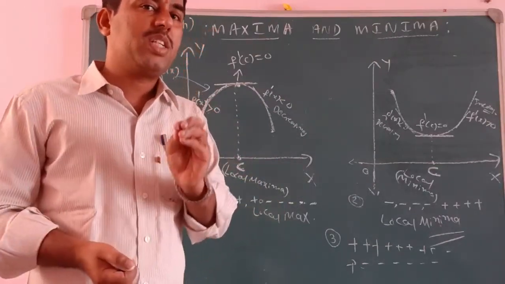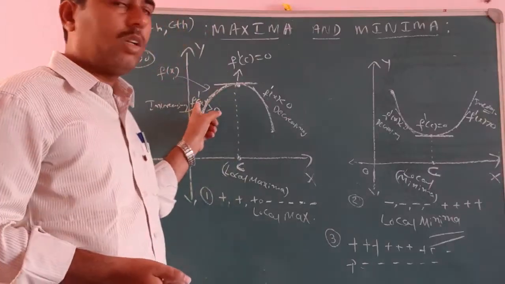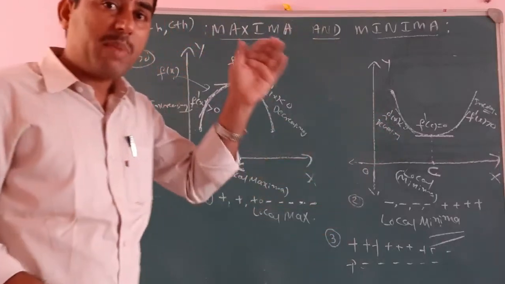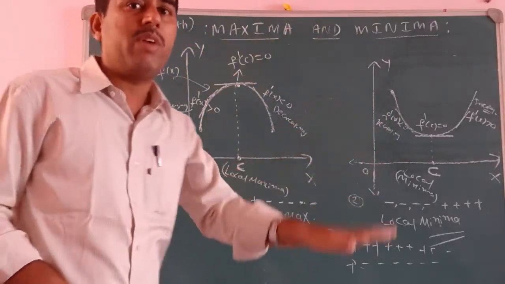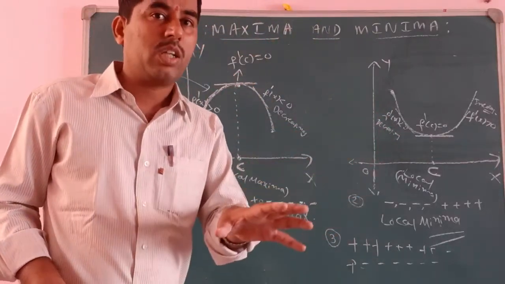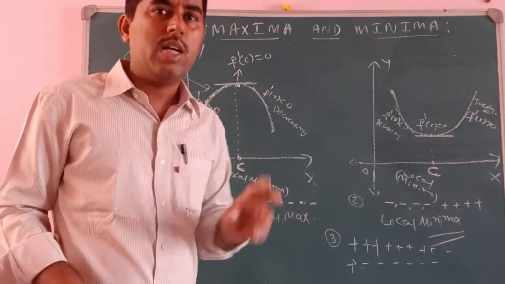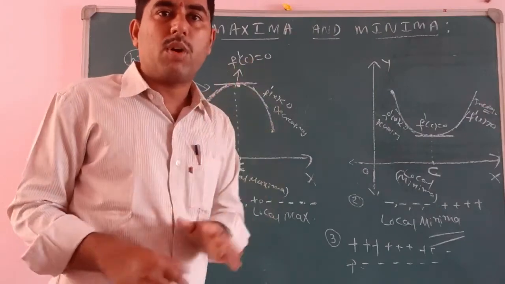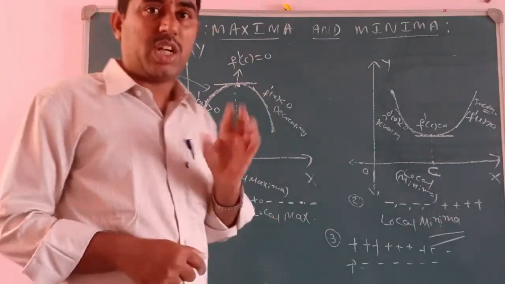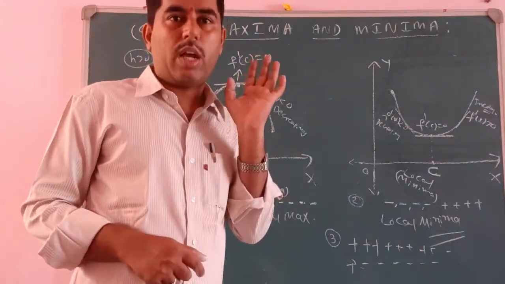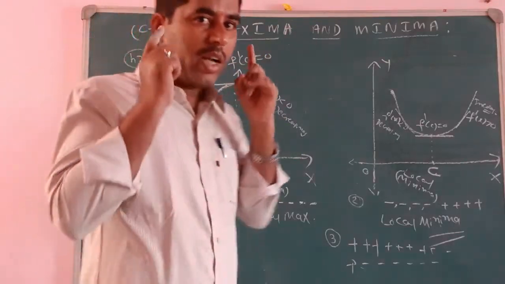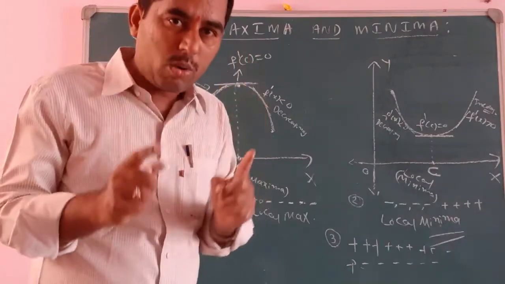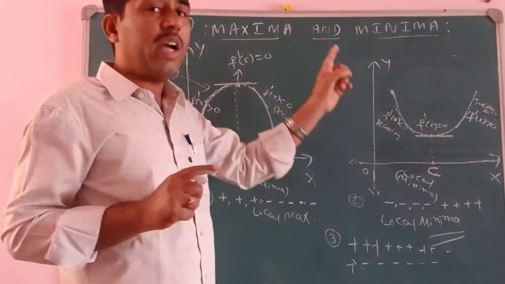On the basis of the first derivative, we can decide what is the maximum point, what is the minimum point, and what is the maximum value and the minimum value of the function. This is the first important concept of our session, the first derivative test. So make it clear. Here we are using only the first derivative test to find the maximum and minimum values of the functions.